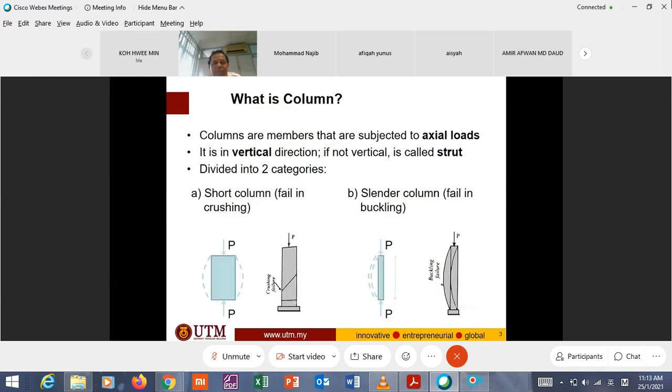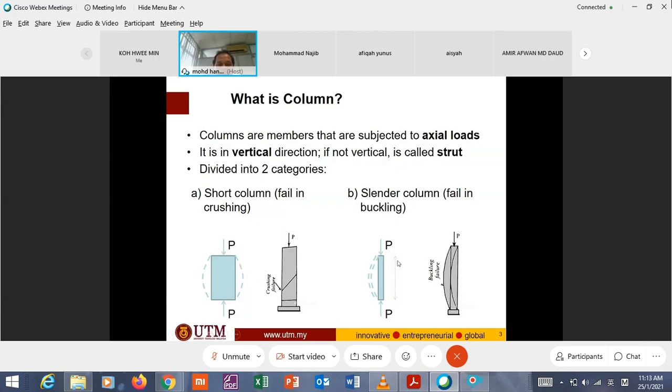What is column? If you refer to textbook or any other literature, you will also come across the word strut. And in some textbooks, column and strut are discussed in one topic. Column or strut, so there are various definitions. But for our definition, columns are members that are subjected to axial load, and it is in vertical direction.